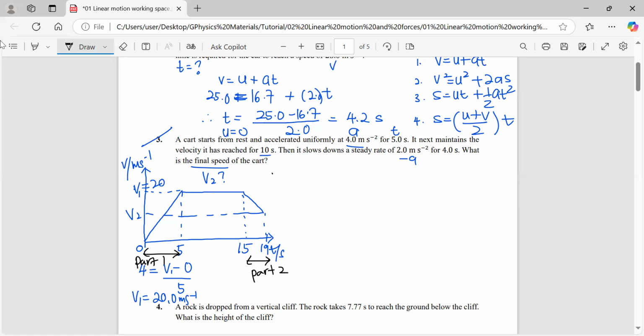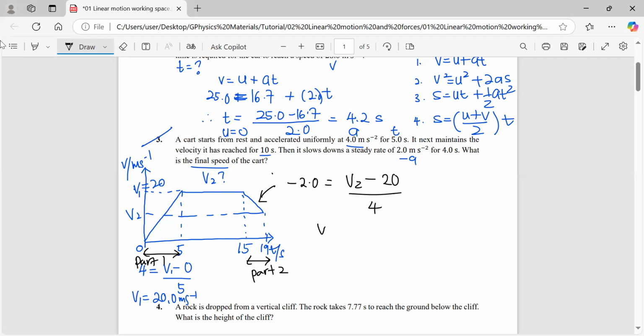So we know that from this part here, the deceleration is minus 2.0, equals the final speed V2 minus the initial speed, which is 20, divided by the time taken, 4 seconds.